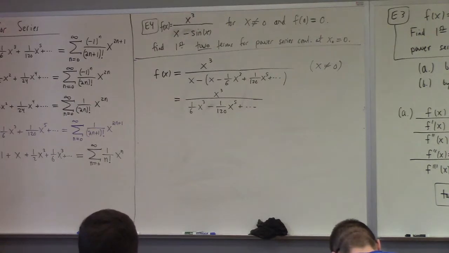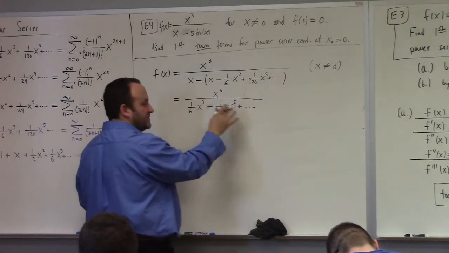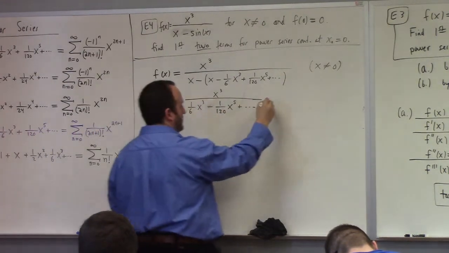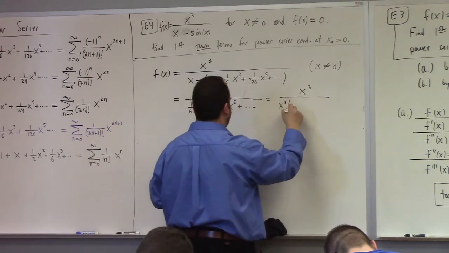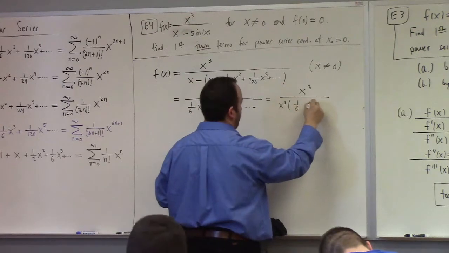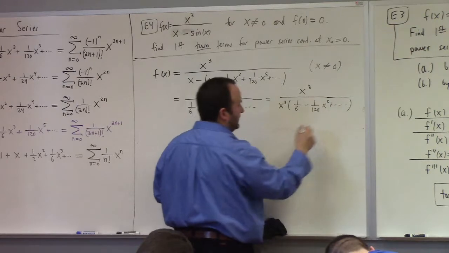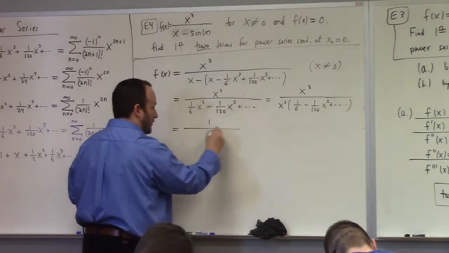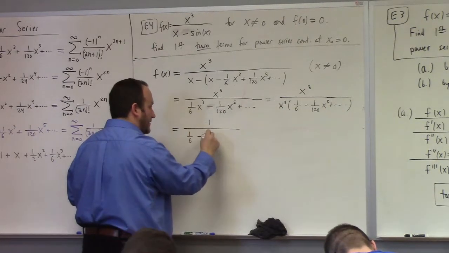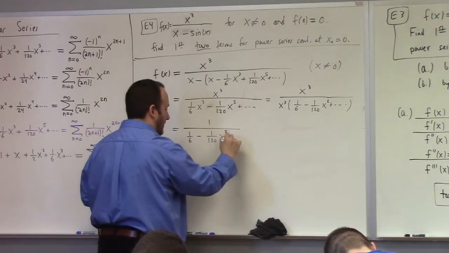Yeah, we could do long division, but before we even do that, there's something more basic. We could factor x cubed out of the denominator, right? We could look at this as x cubed over x cubed times 1/6 minus 1 over 120 x squared and so forth, right? Which is why it's reasonable in the next step to just leave us with 1 over 1/6 minus 1 over 120 x squared plus dot dot dot.